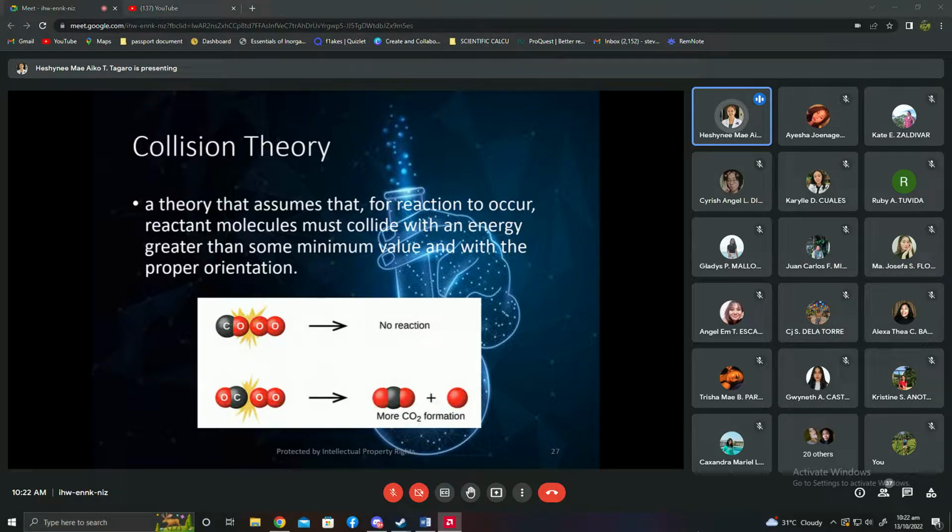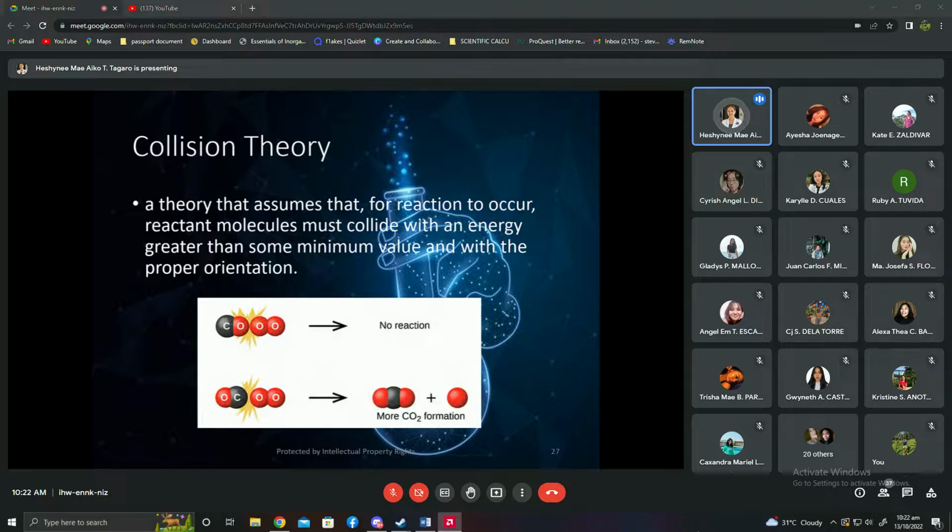So atoms must be close together to form chemical bonds. This simple premise is the basis for a very powerful theory that explains many observations regarding chemical kinetics, including factors affecting reaction rates. Collision theory is a theory that assumes that for reaction to occur, reactants must collide with an energy greater than some minimum value and with the proper orientation.